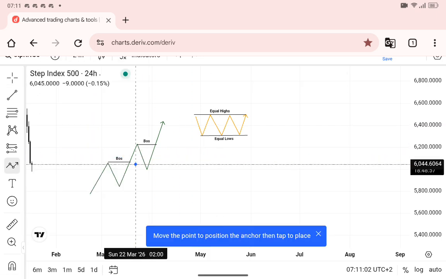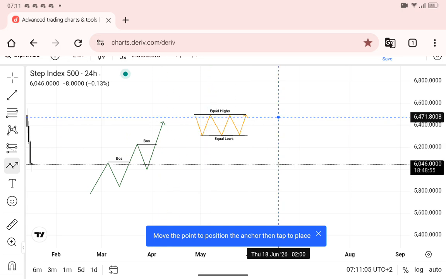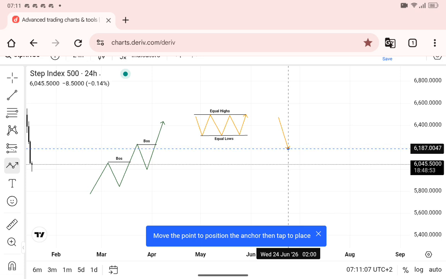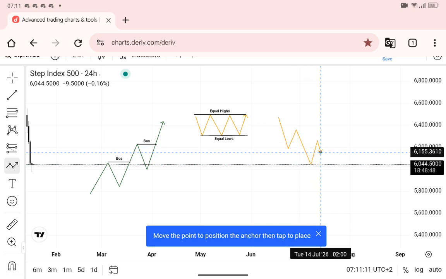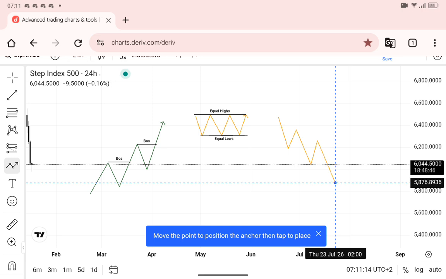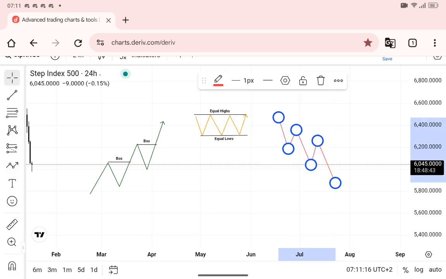So now from uptrend, range or consolidation, we also have a downtrend, and a downtrend is whereby the market gives you a series of lower lows and lower highs.